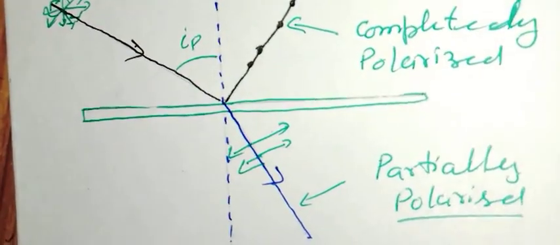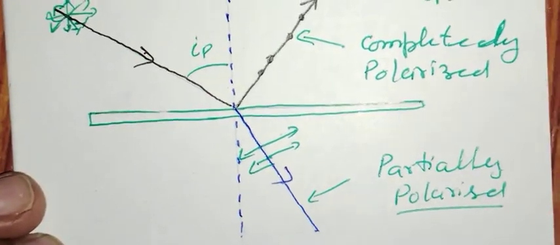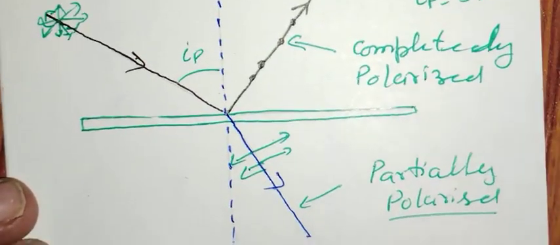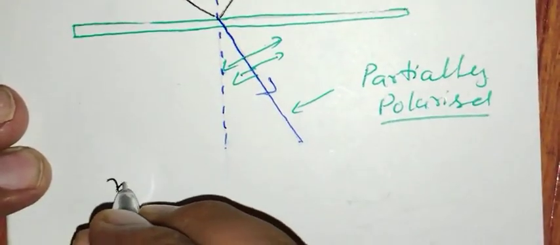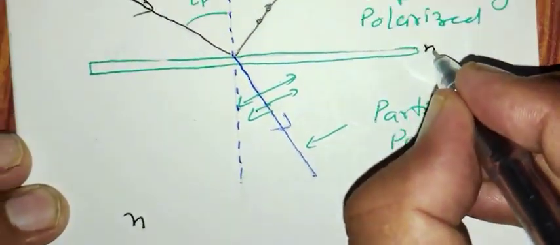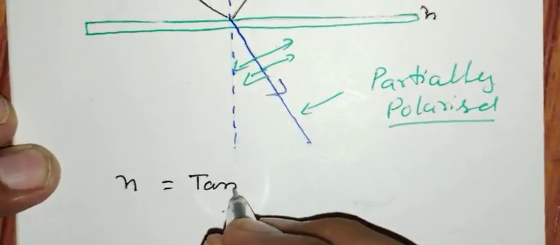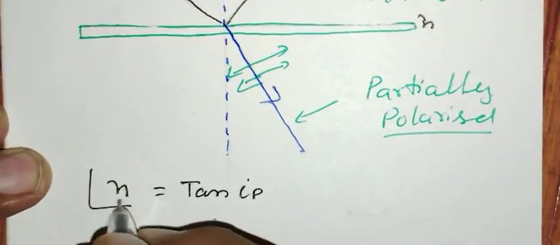Under that condition, Brewster's law says that the refractive index n of the material of the glass is equal to the tangent of the polarizing angle.